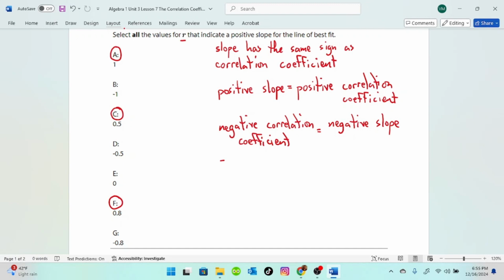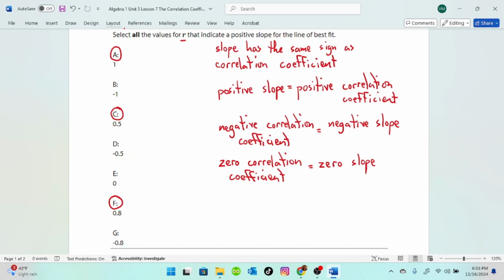And if we had a 0 correlation coefficient, we would end up with a 0 slope, or a sideways horizontal left to right slope, something like the x-axis.